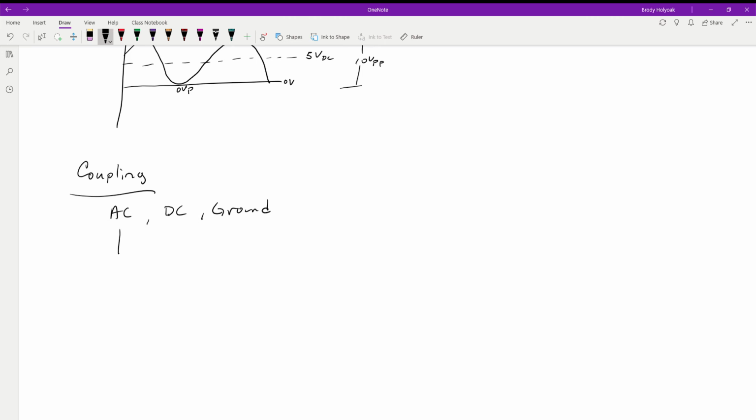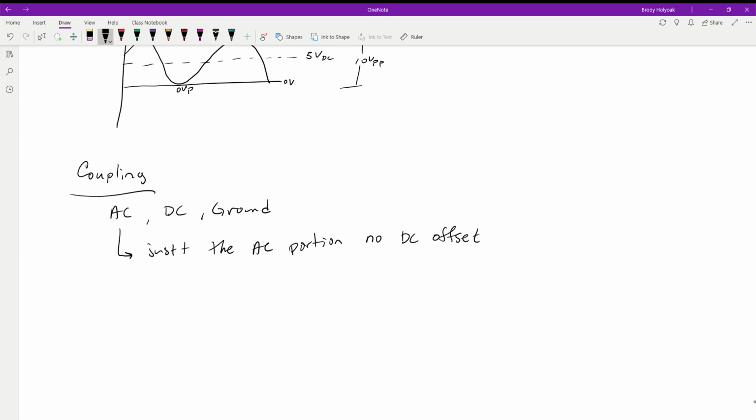AC coupling shows us just the AC portion, no DC offset. This is what we've been using for all the previous labs because we don't care if there's any kind of DC shift. We just want to see what my AC portion of the signal is doing.